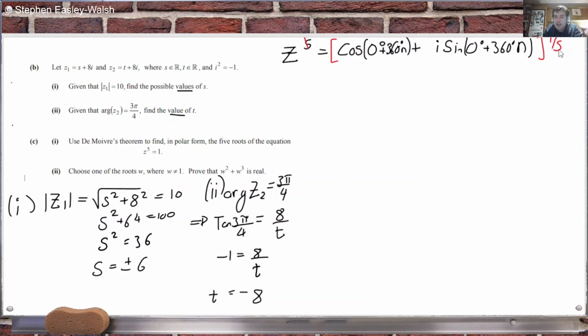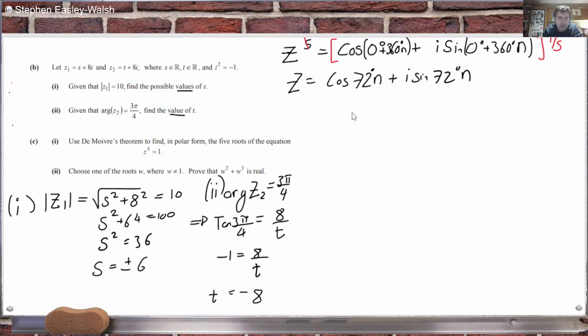And de Moivre says that the power multiplies the angles, so that becomes cos 360 over 5, which is 72, isn't it? Yeah, 72. So that would be cos 72n plus i sine 72 degrees times n.